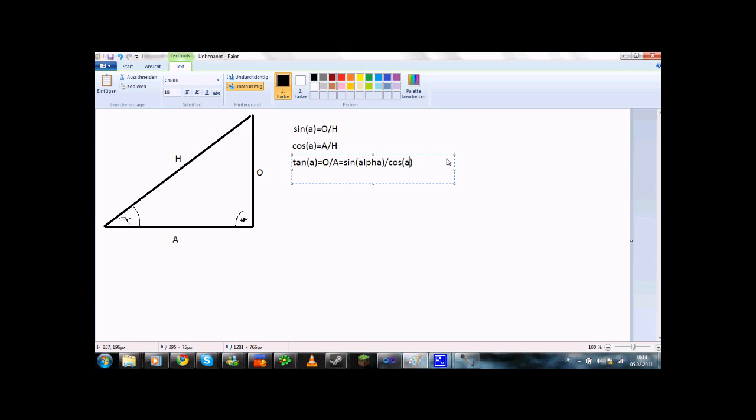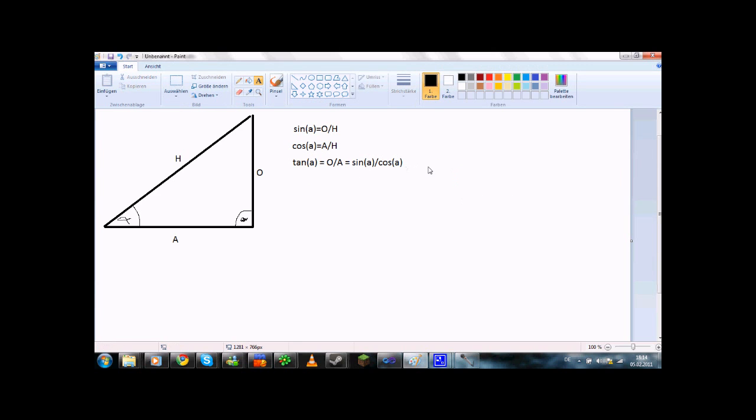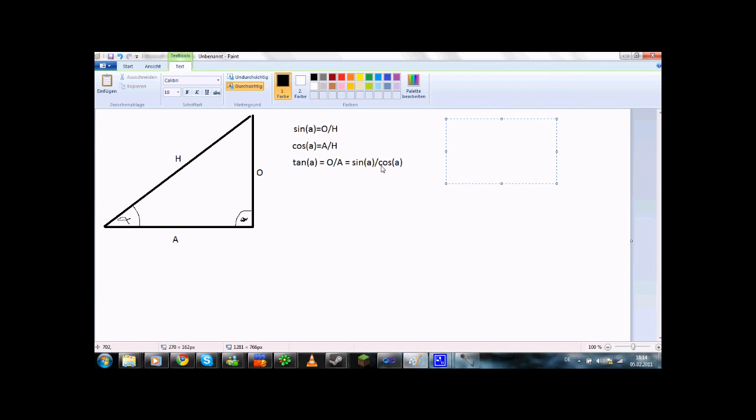I will write A instead of alpha, and I will add some white spaces so it's easier to see. Alright, to show that that's true, we can just write sine alpha divided by cosine alpha as O divided by h, and that divided by A divided by h.